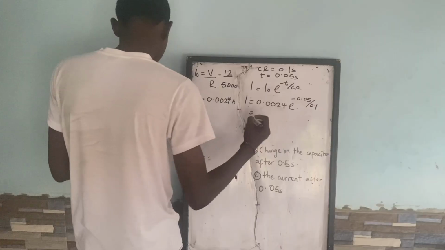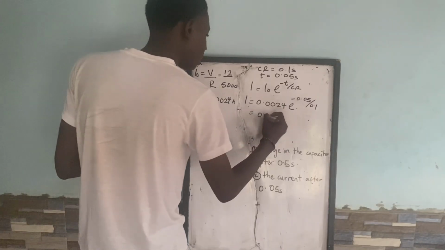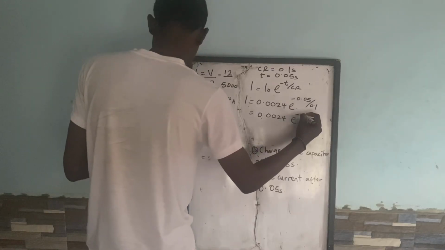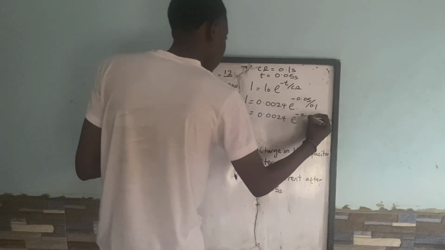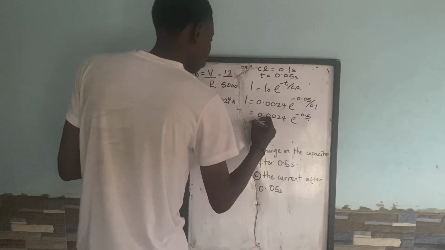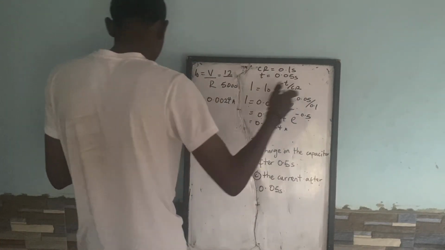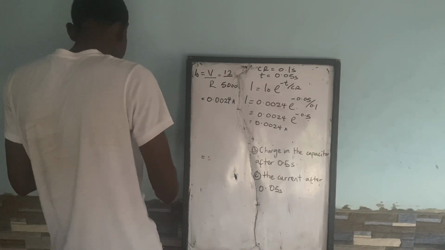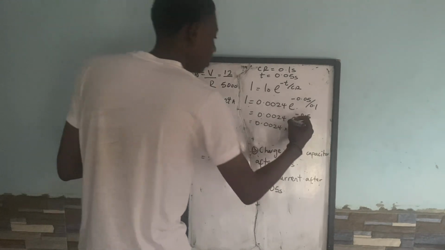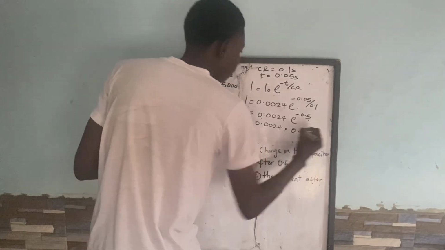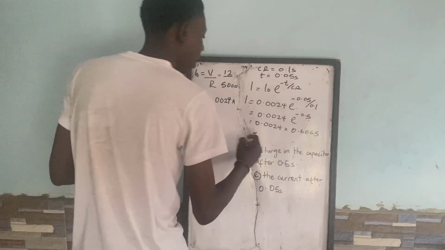So from here we would have 0.0024 exponential minus 0.5, which equals 0.0024 multiplied by exponential minus 0.5, which would give me 0.6065. Yes. So we'll multiply everything together.